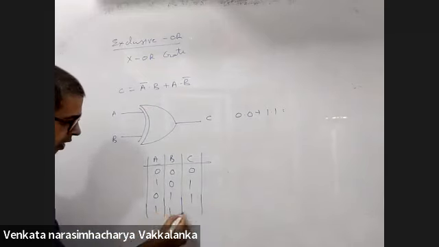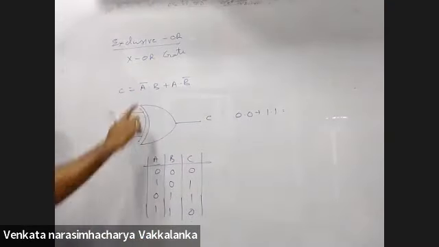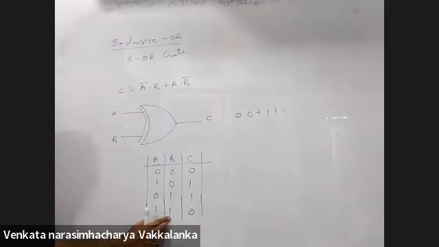Right? 1, 1 will be 0 because when you are changing any one of them into 0, here you will change A to 0, here you will change B to 0. Product will become 0.